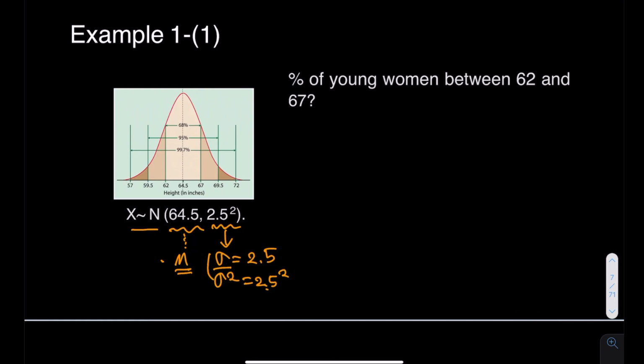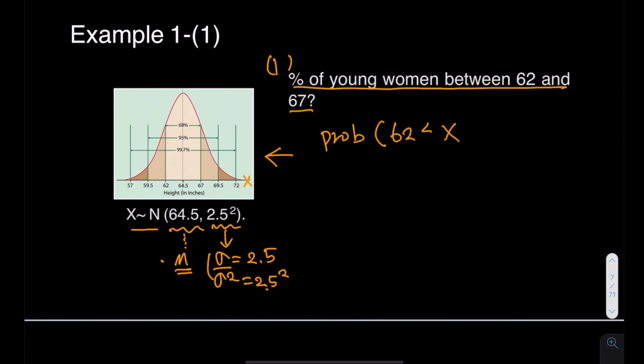Okay, number one, the question is: what percent of young women are between 62 and 67? In this picture on the left side, this X value is the woman's height, and we want to know the probability when this X is between 62 and 67. Graphically, here's 62 and here's 67, and we are looking for this area.